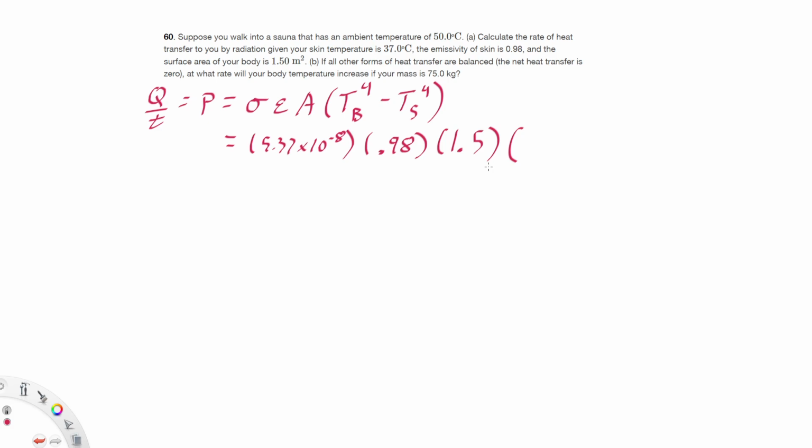Now the temperatures have to be in Kelvin. So our body temperature is 37 Celsius, which is 310 Kelvin. And the ambient temperature is 50 degrees, which is going to be 323 Kelvin.